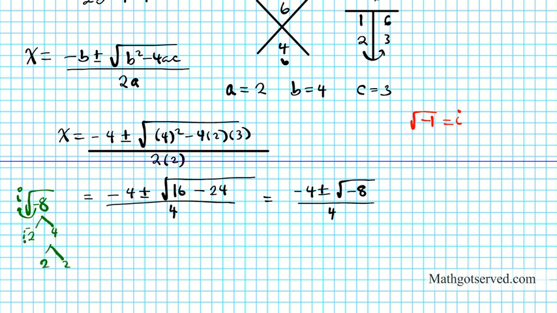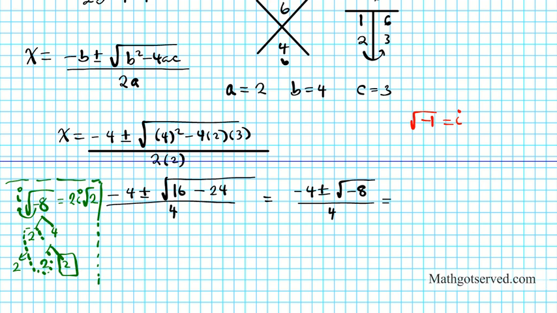These two 2's repeat, so they can break out as 1 two, and the other 2 stays under the radical sign because it's by itself. So this whole expression becomes 2i root 2. That is the simplification of the square root of negative 8, okay?